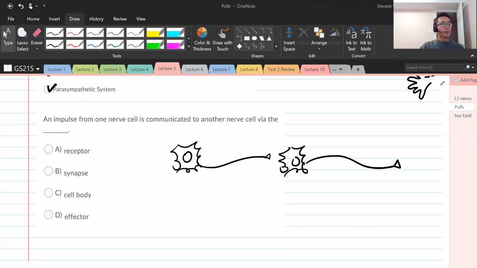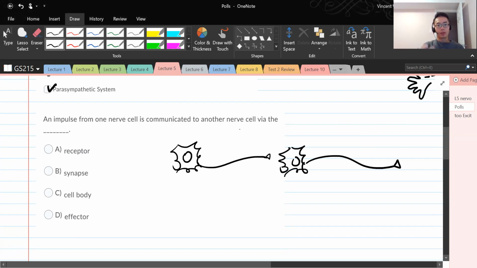Okay, so this one I mentioned in the recordings, but I haven't talked about it today yet. When you have one neuron communicating with another neuron, the signal will go from the axon terminal of one neuron to the dendrite of the next. Let me say that one more time.